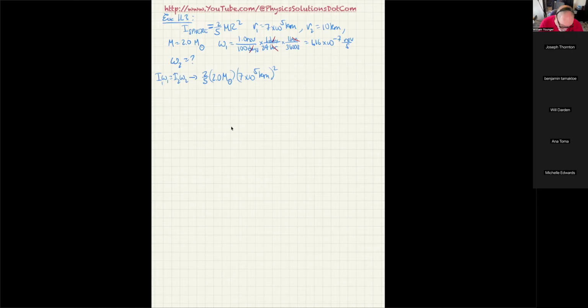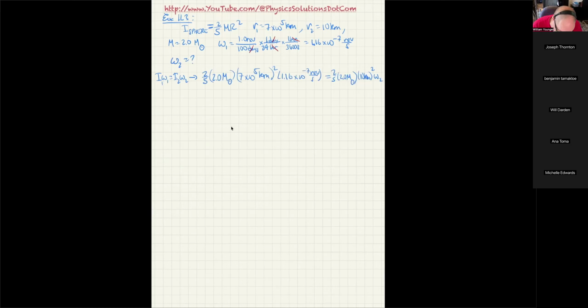So 2/5 mr squared is what I just wrote out there, and this is all being multiplied by omega 1, which is 1.16 times 10 to the negative seventh revolutions per second, equal to, again, 2/5 times 2.0 times the mass of the sun times 10 kilometers, squared by the way, times omega 2.